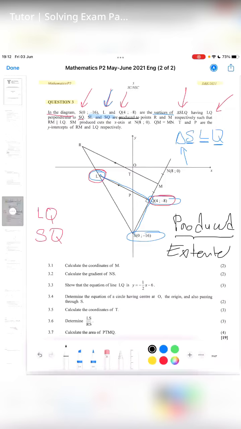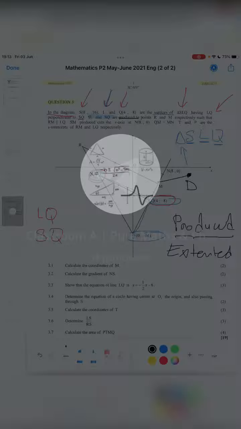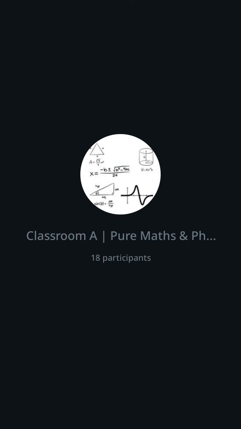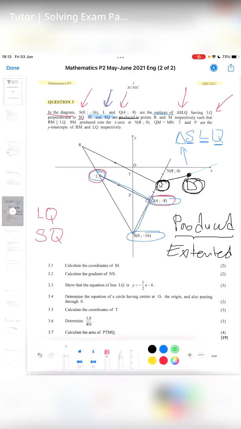So it's more like you are having, for example, a line up to that point there, that point being D. So when we say we produce line MD, we are simply saying in the same direction at the same slope, we just produce it to pass, cross or intercept either the X or the Y axis. So don't be confused, ladies and gentlemen, and say, hey, that's a big word, produced.